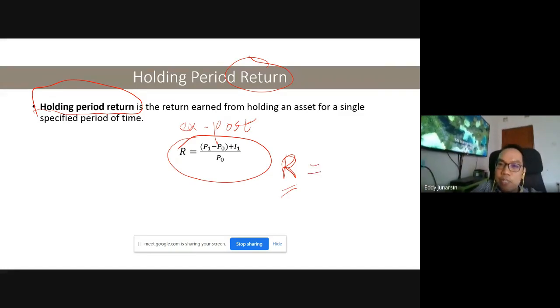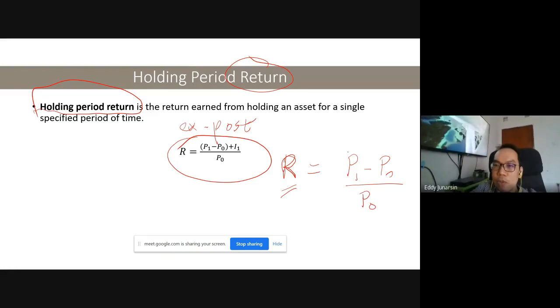So this is very easy, like the final value. You can call it final price minus the previous price divided by the previous price. So this is the capital gains part. But remember, in every investment, you also have the fixed part or promise part.